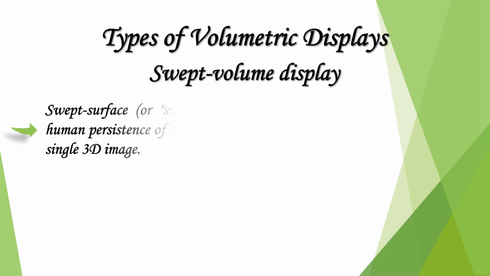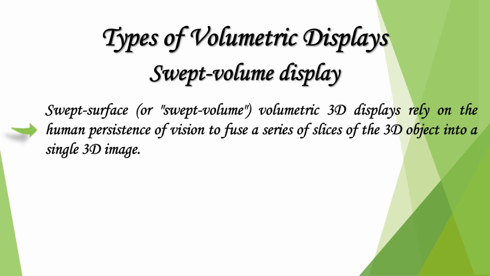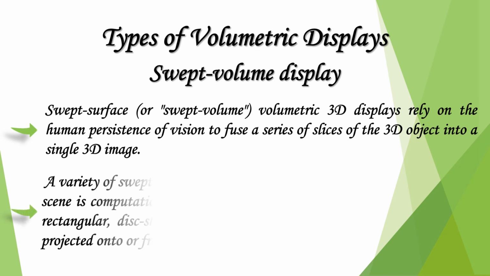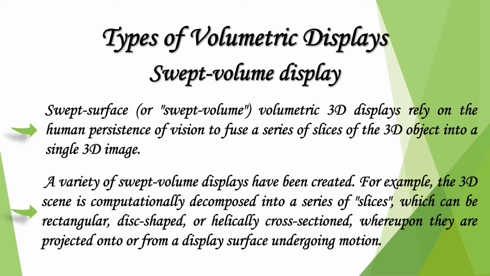Swept volume display. Swept surface volumetric 3D displays rely on the human persistence of vision to fuse a series of slices of the 3D object into a single 3D image. A variety of swept volume displays have been created. For example, the 3D scene is computationally decomposed into a series of slices, which can be rectangular, disc-shaped, or helically cross-sectioned, whereupon they are projected onto or from a display surface undergoing motion.